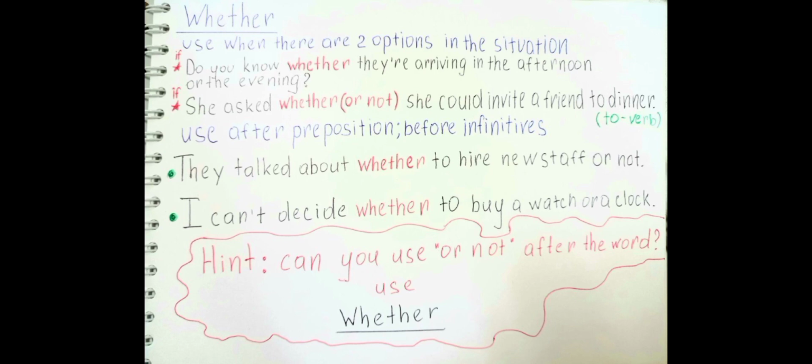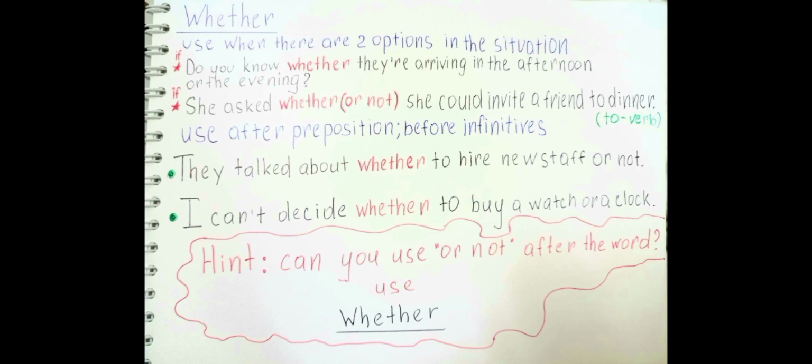One more example. She asked whether or not she could invite a friend to dinner. So here I've included this "or not." Whether or not she could invite a friend to dinner. So there is one option here that's clear. She can invite a friend to dinner.